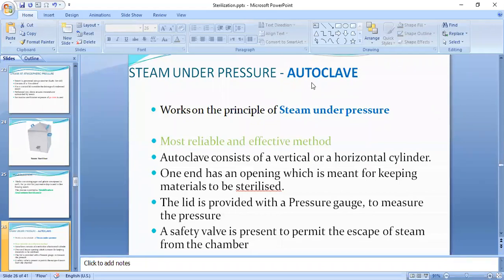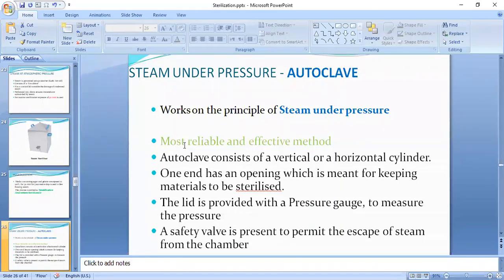This is the method of choice. The most important method is the autoclave. The best method of sterilization is the autoclave, because with steam under pressure, the pressure is given and the temperature is also above 100 centigrade.